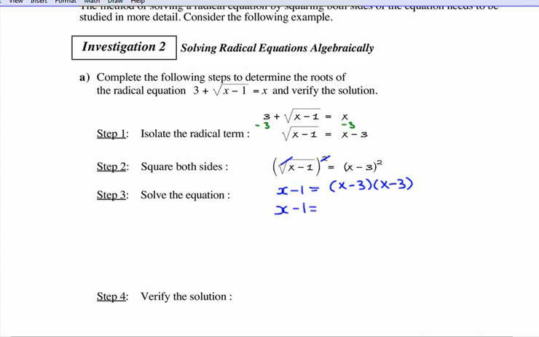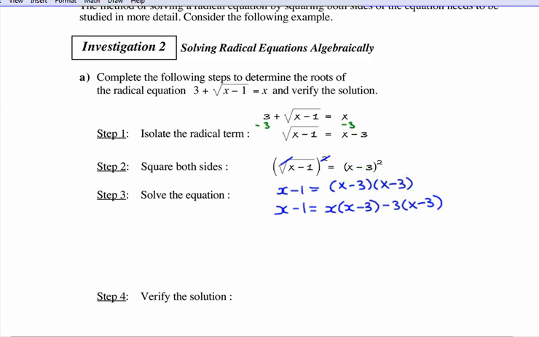Remember, with the distributive law, first we want x times all of this and then negative 3 times all of this. So we write that out as x times x minus 3, and then the negative 3 times x minus 3. So first the x distributes times all of this and then a negative 3 times all of that.